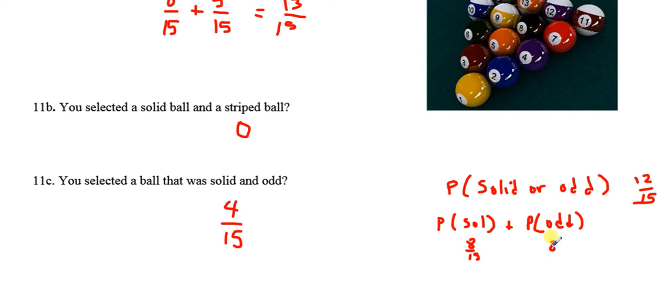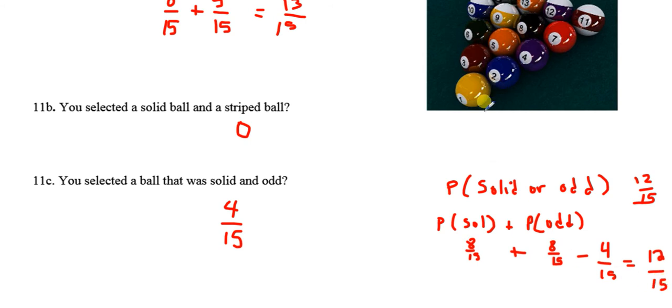That's 8 out of 15. That gets added together, and then we subtract off because we've counted solid oddballs twice. 1, 3, 5, and 7. So minus 4 out of 15. And that adds up. 16 minus 4 is 12 out of 15.